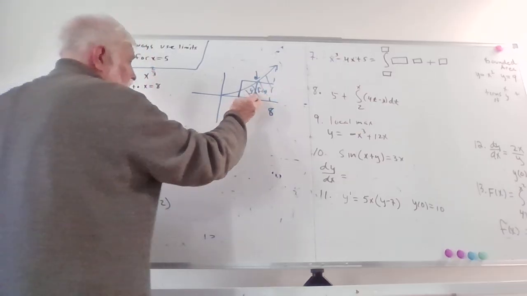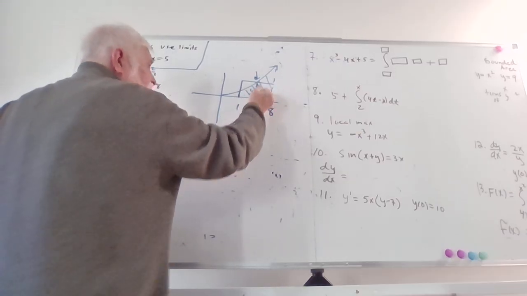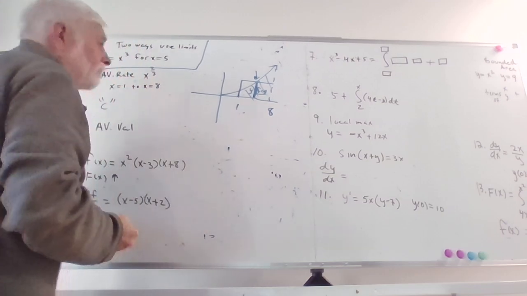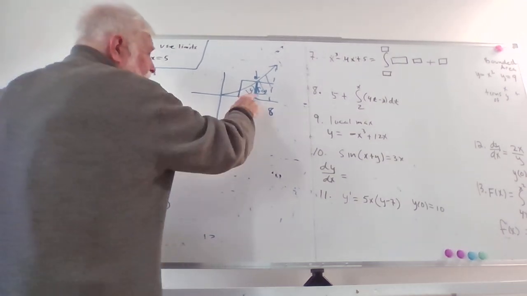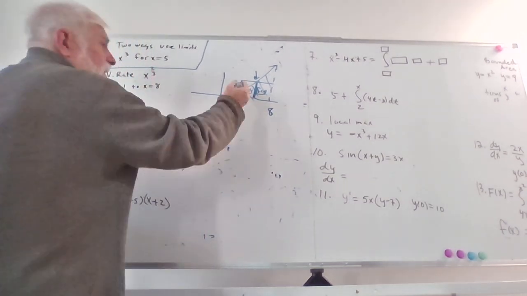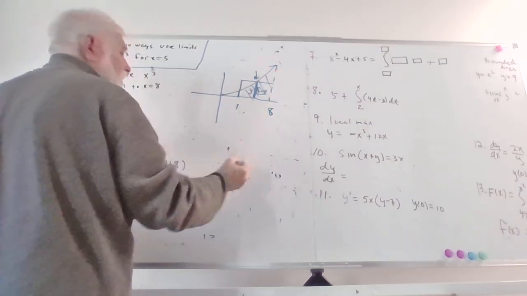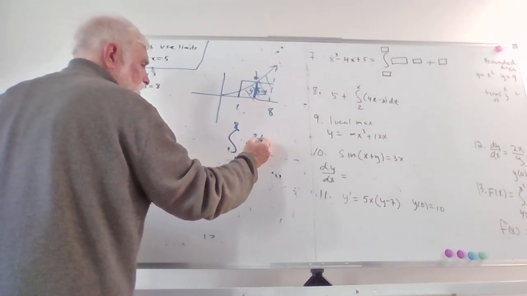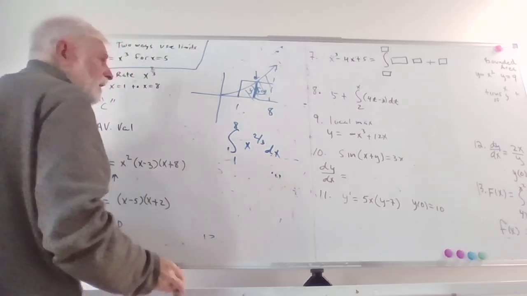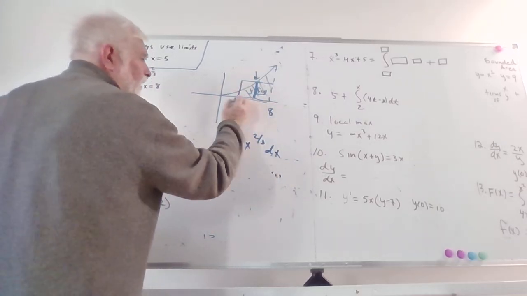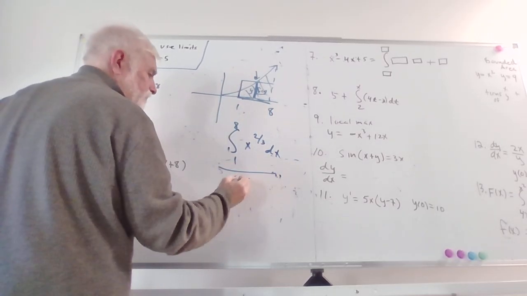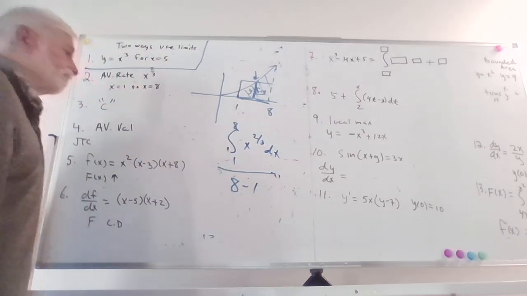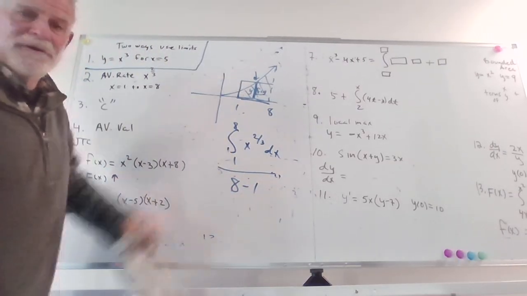I want to make sure you know when you see f of x, you're talking about a y value. But we are going to find that y value by doing what? Getting the area under the curve. Well, that's simply the integral from 1 to 8 of x to the 2/3 dx. And I have to take that area and divide it by the width. And that's going to give me that average height.